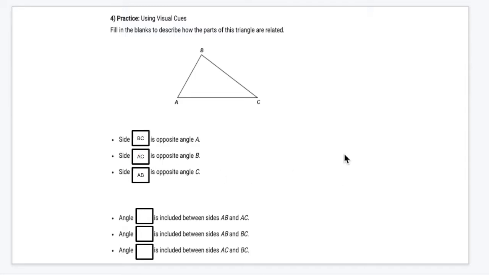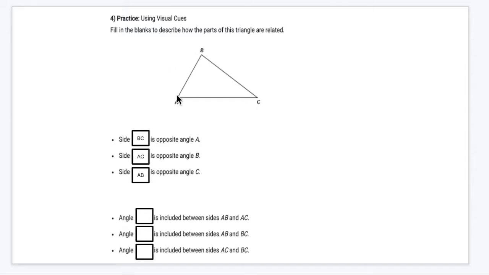Okay. So in addition to finding sides that are opposite to angles, we also need to know how to find angles that are between two sides. So let's look at the first question where it says angle blank is included between sides AB and AC. So I want to identify sides AB and AC. So I have AB here and AC here. And I want to identify the angle at where those two sides intersect.